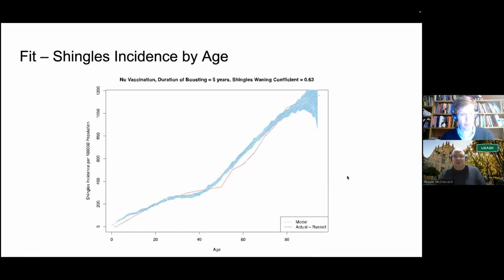A similar comparison was done for shingles incidence. And again, red is the reference and blue is the model output. This flaring of the blue at the high age point is due to small populations as people reach nearly 100 years of age.